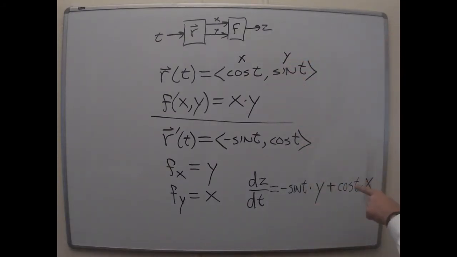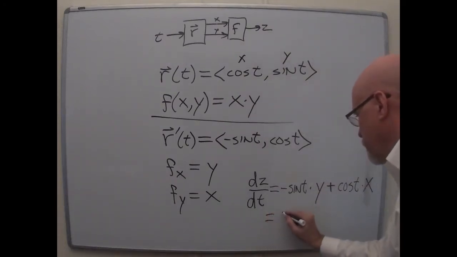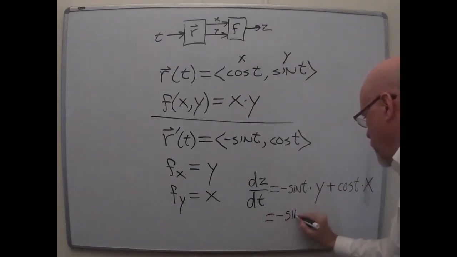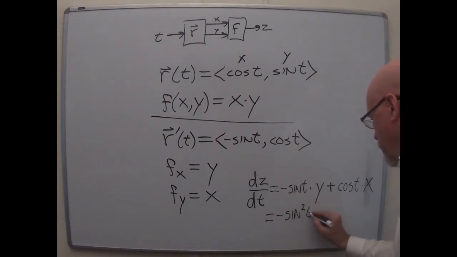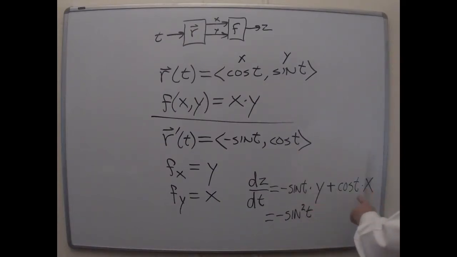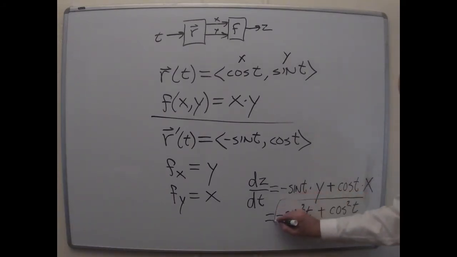In other words, you can replace y with sine t, and so we get minus sine squared t. And you can replace x with cos t, so we get plus cos squared t. All right. That's an answer. And it came from the chain rule.